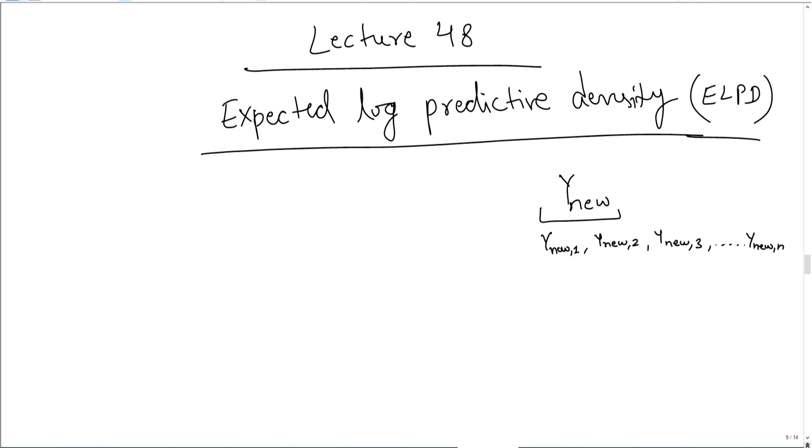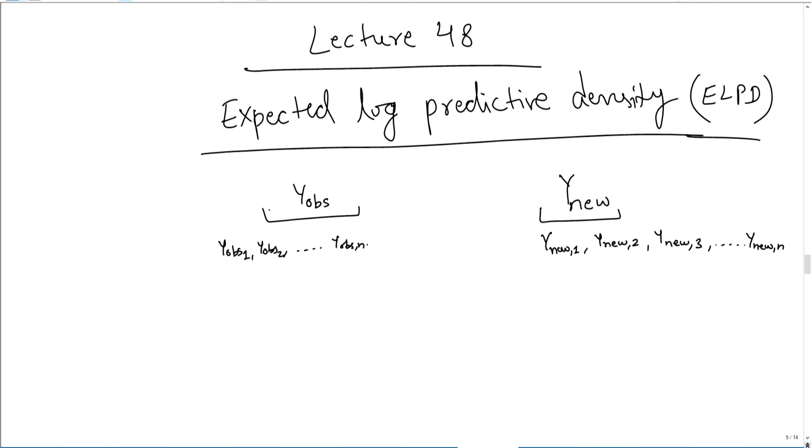But you have already trained your model on some data, y obs. This is the current data you have, which you use to estimate your model parameters. Let's say these data points are y obs 1, y obs 2, and so on, up to y obs n.